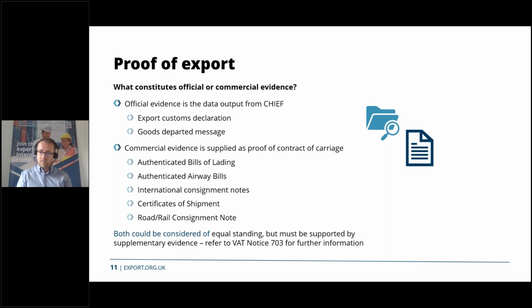As I say, there's certain key data there that has to be present, and that's what HMRC are looking for. There is a very helpful Notice 703, which does confirm a lot of this requirement in much more detail, but we will provide copies of these slides that also expand on the specific data that is expected as well. So look out for that.